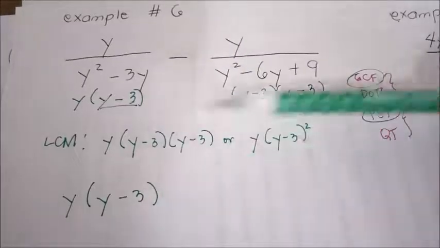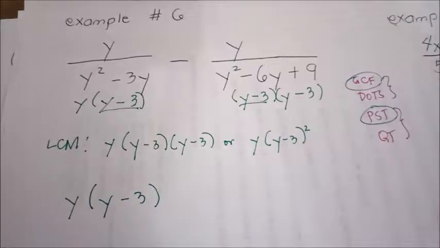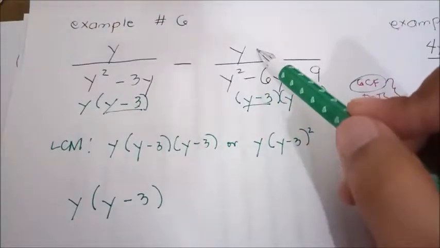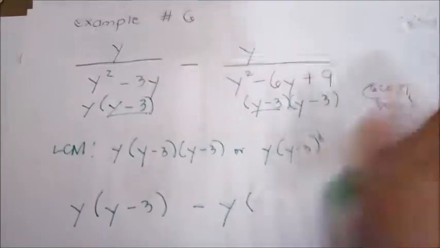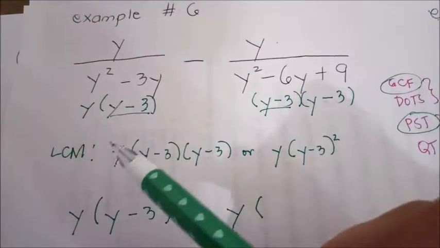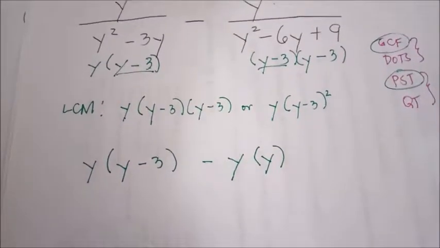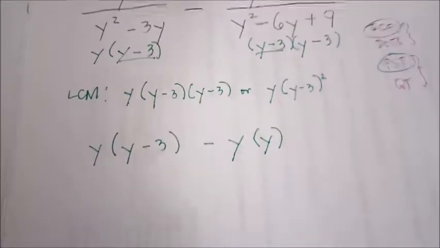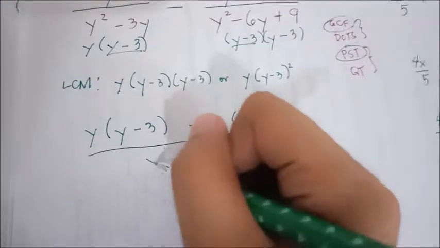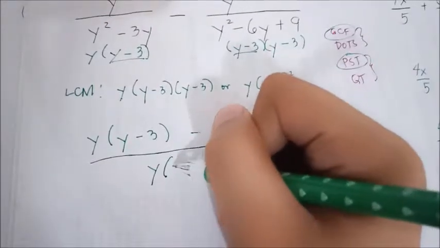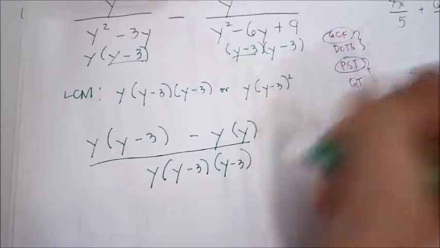Anong factors nito ang wala dito? Siyempre, ayun, yung y. Ibig sabihin, yung y na numerator natin, ang ita-times lang sa kanya ay yung natira nating y. Now, what will be our denominator? Siyempre, yung ating LCM. y times y minus 3 times y minus 3.